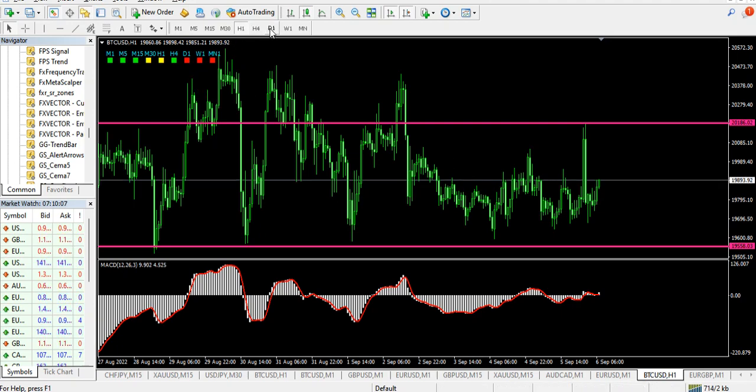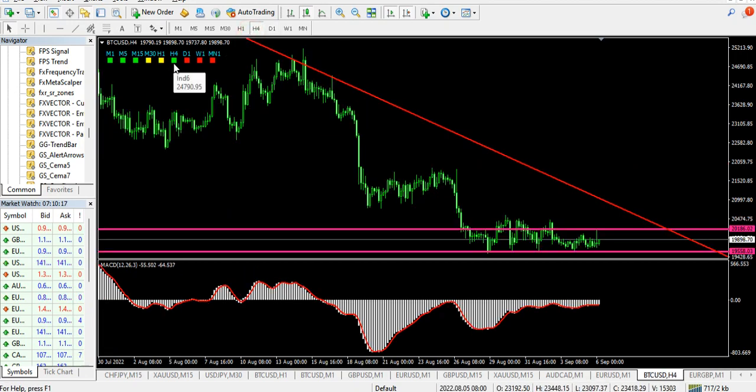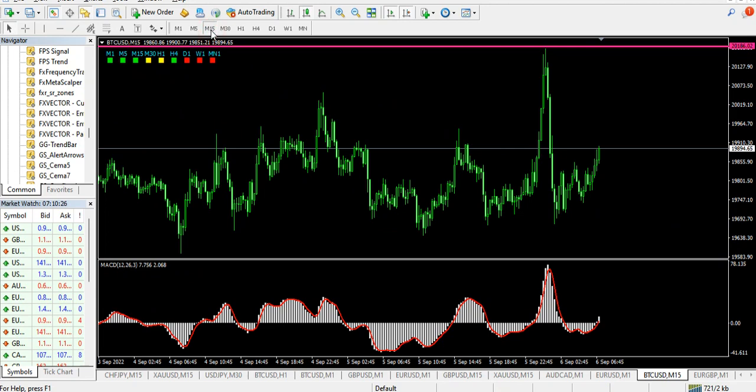On D1, daily, you will see it is a downtrend. On the 4 hours it is an uptrend. On 4 hours they tell us the trend is an uptrend. And on the 15 minutes, if we come to the 15-minute chart, we will see the trend is up.